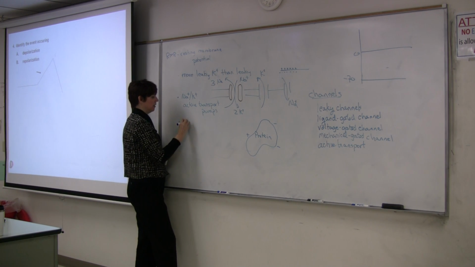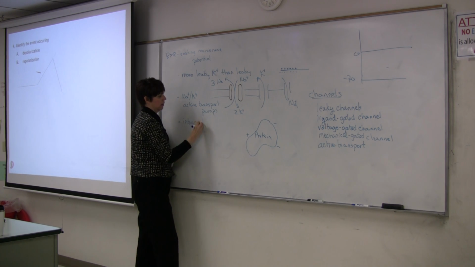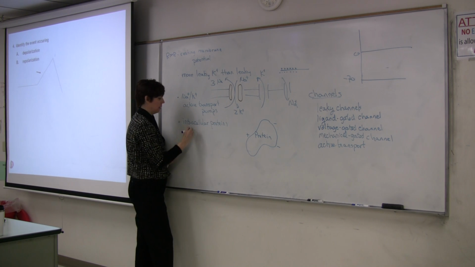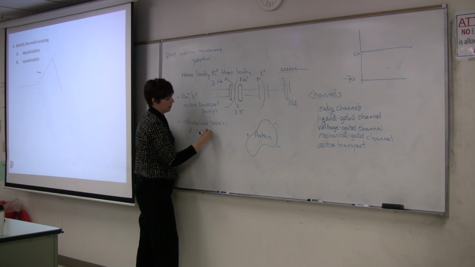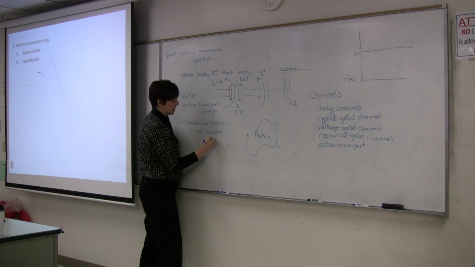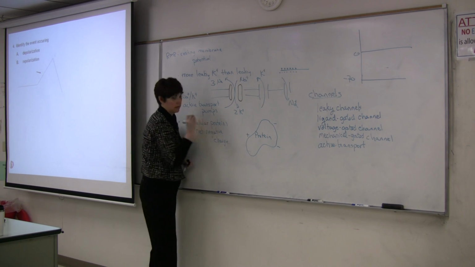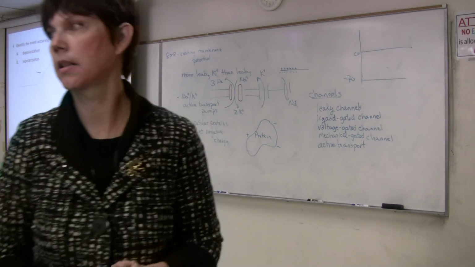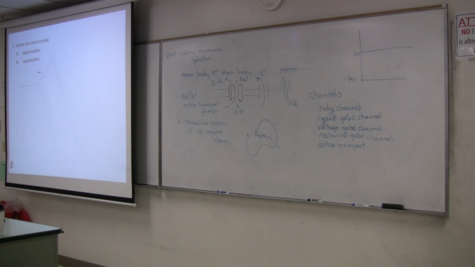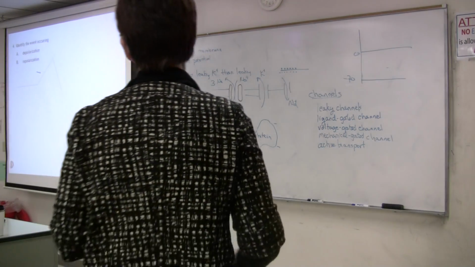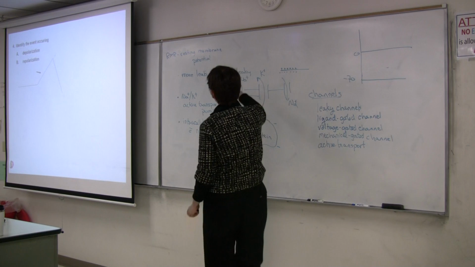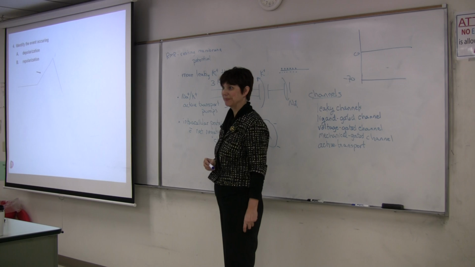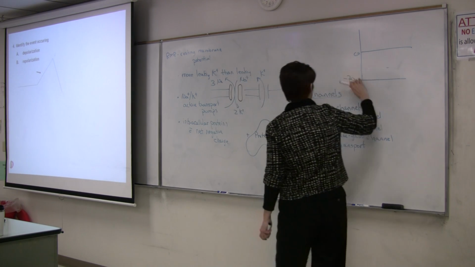So intracellular proteins with a net negative charge. So in our muscle cells and our nerve cells, if nothing else is happening to the cell, these three components or conditions will give us a negative resting membrane potential. Okay? So that's what we have drawn up here.